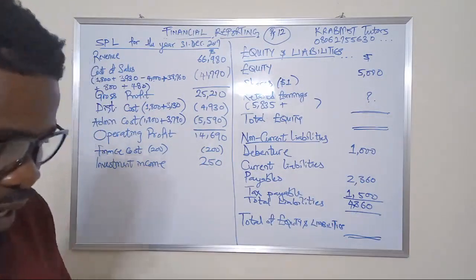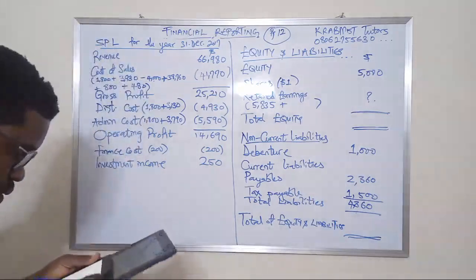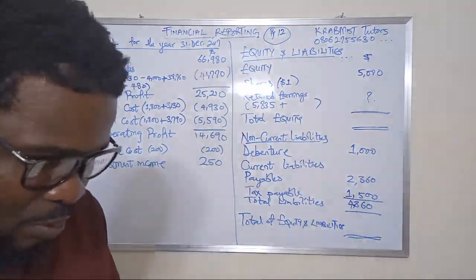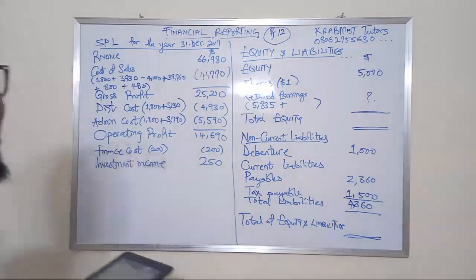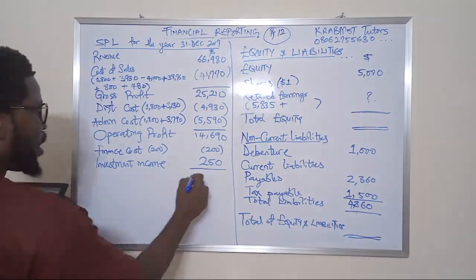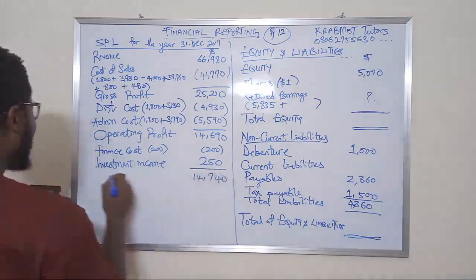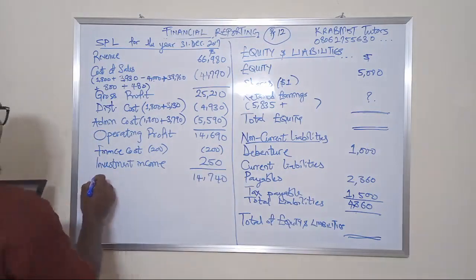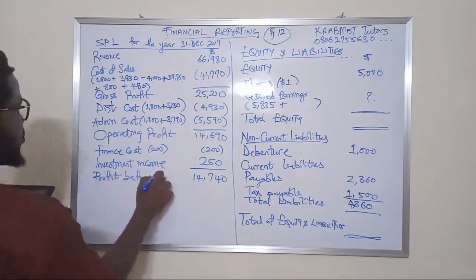What other thing do we have there? After investment income, we have tax. Okay. Since we have tax, we can put it here first. Add it up, this is 14,740, and this is the profit before tax.